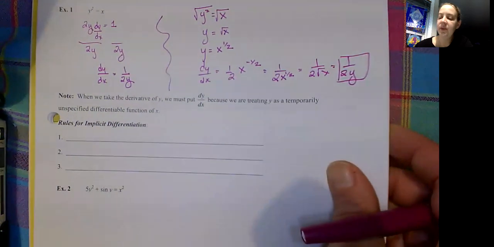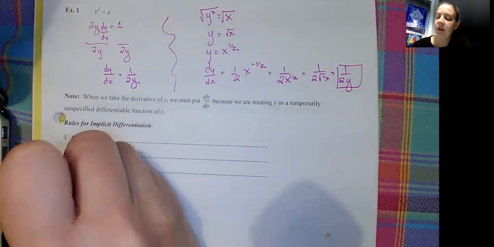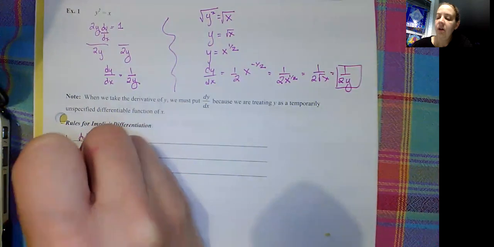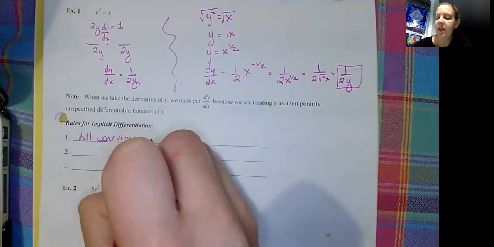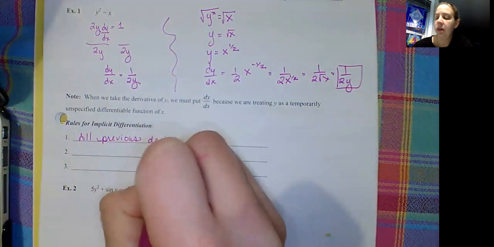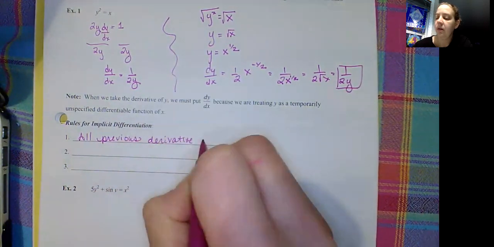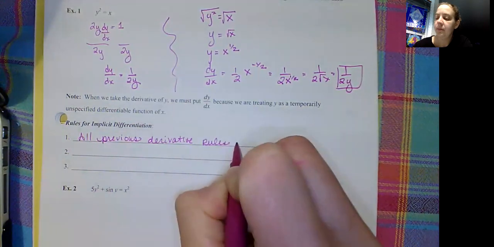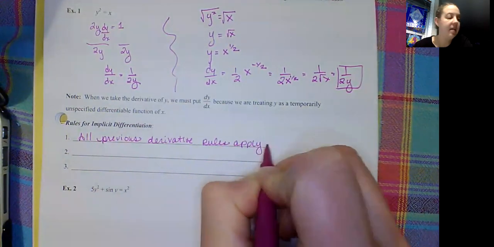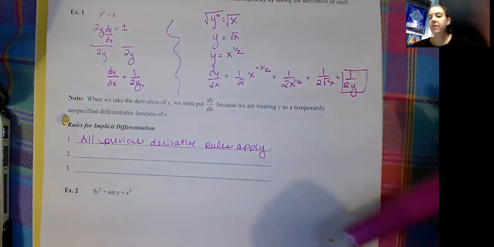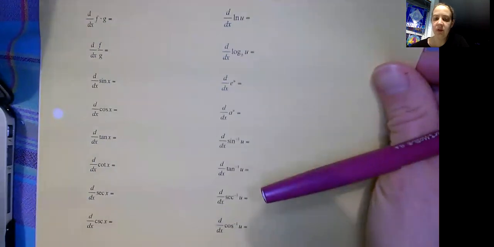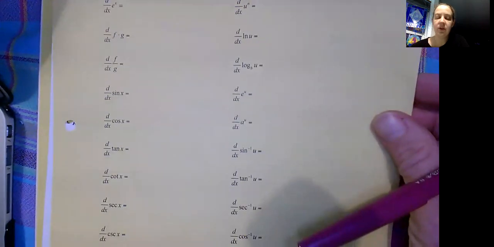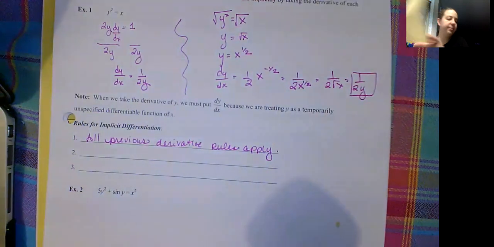So rules for implicit differentiation. All previous derivative rules apply. And what do I mean by that? I mean everything on your golden ticket. Mine's blank. Yours is mostly filled out. Everything on your golden ticket, all those previous rules still apply.